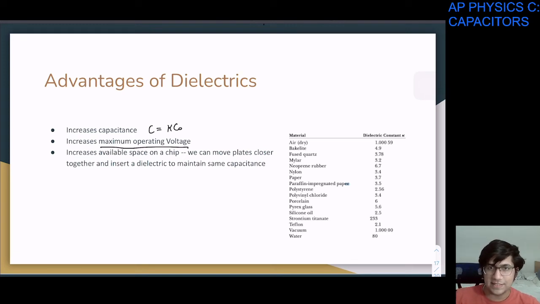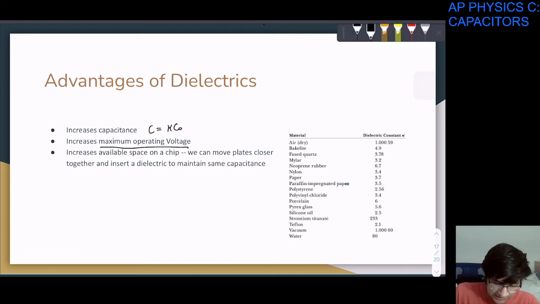Earlier we said that since C is proportional to A over d, the only way to increase capacitance is to make a bigger plate or decrease the separation. But we can instead put in a dielectric material, and that will also increase our capacitance. That's another option.